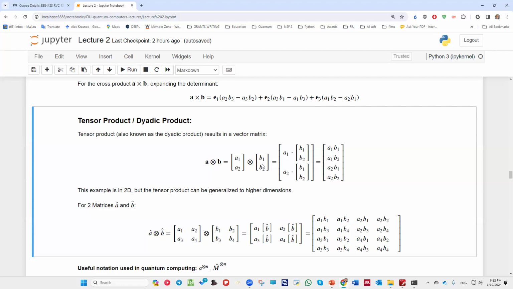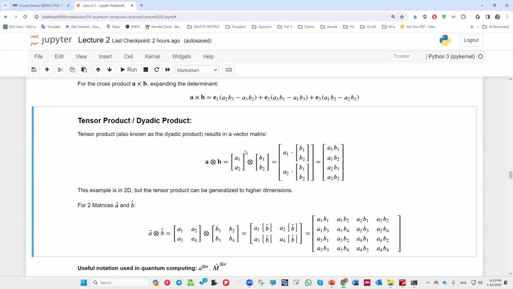Where will we use it? As we discussed in the first lecture, I noted that we need a system of many coupled qubits, right? And essentially, every time you add a qubit to your system, you do this tensor product.